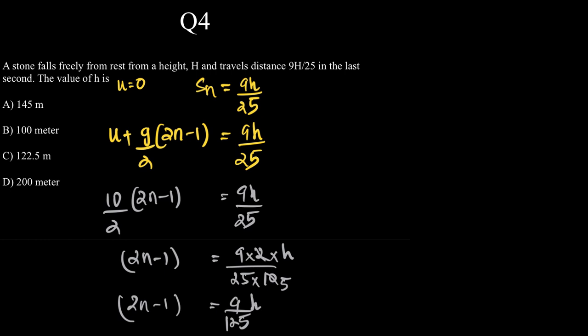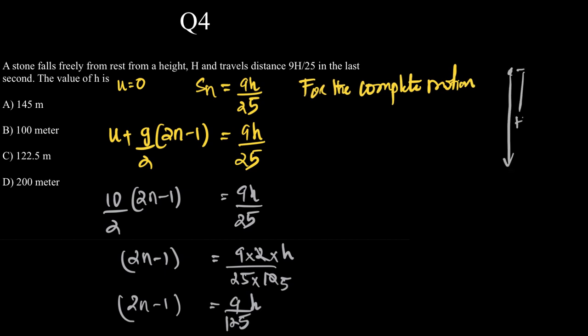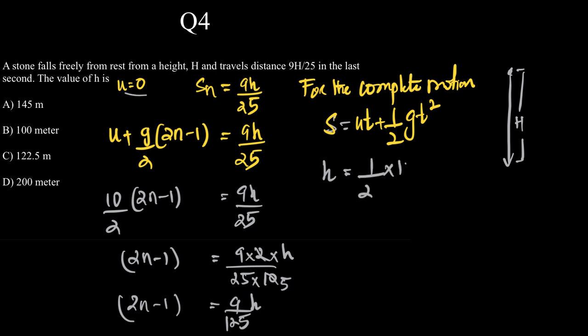Now, for the complete motion, since the ball is dropped from a height h, what will be the final displacement? The final displacement would be h, so the equation s is equal to ut plus half gt square. What is s here? s is h, and u is 0, so h is equal to half into 10 into t square. So h is basically 10 by 2, which is 5t square.